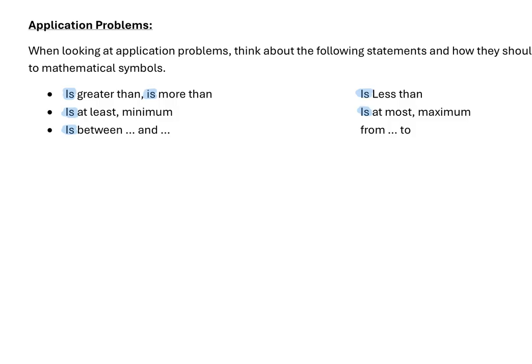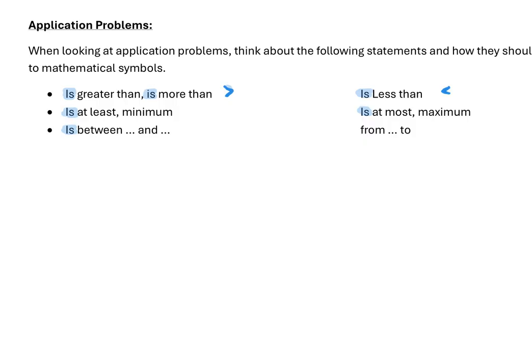Is greater than, is more than. This translates to our greater than symbol. And so it is going to be our crocodile mouth opening towards the right. Is less than is going to be the other direction.